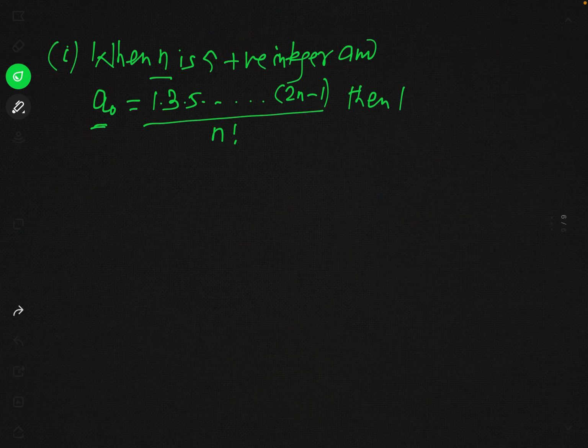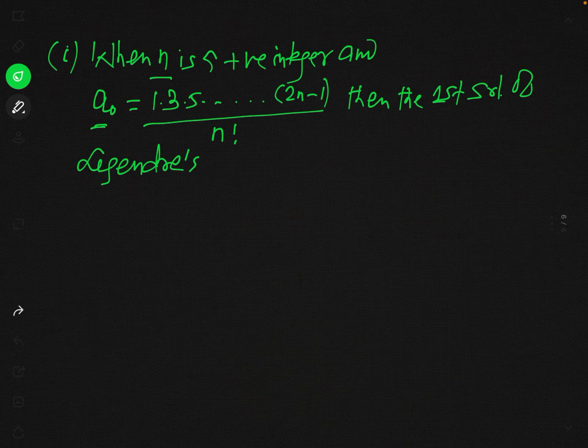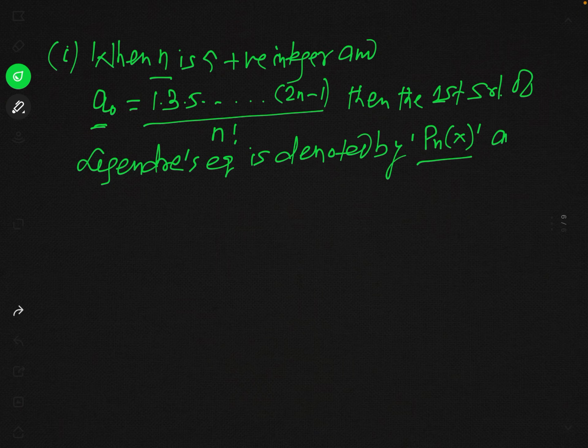A naught equal to this much, then the first solution of Legendre's equation is denoted by this particular symbol Pn of x.